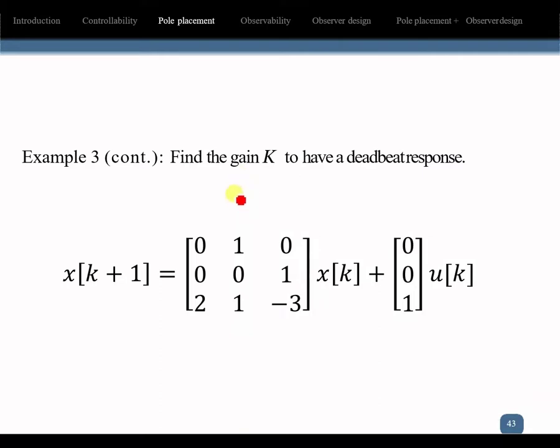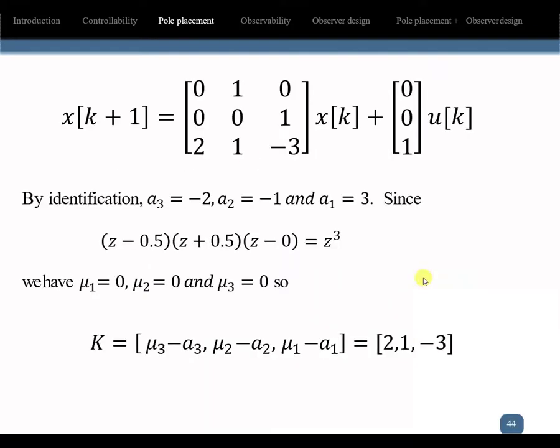Again, find the gain K to have the deadbeat response. Now G is a 3 by 3, that means you have K1, K2 and K3, and easily you can find that your system is controllable, or you can use the previous formula that we found. You find a3, a2 and a1, because this one becomes a3, this one becomes a2, and this one becomes a1.